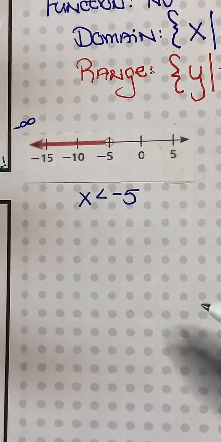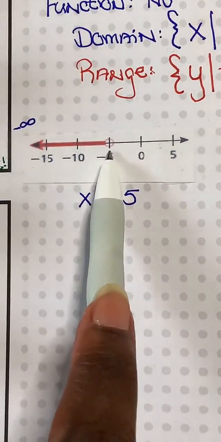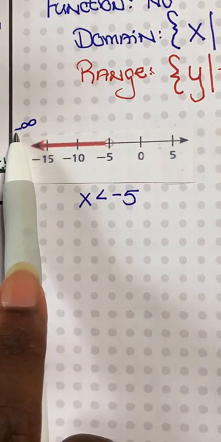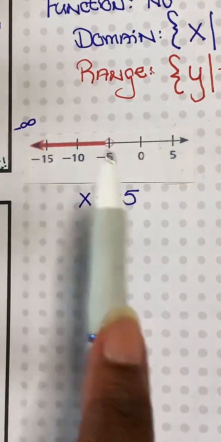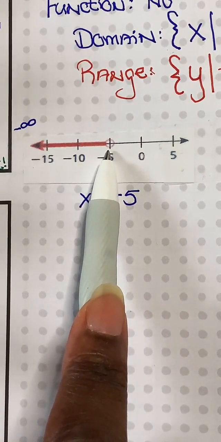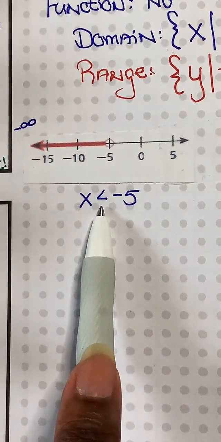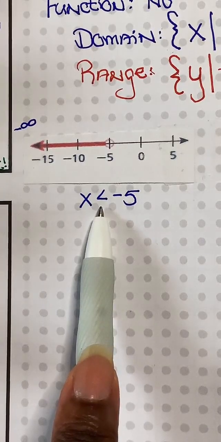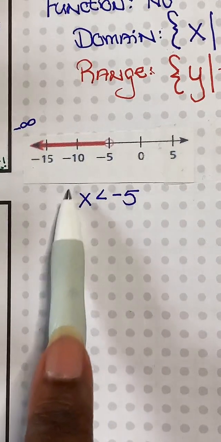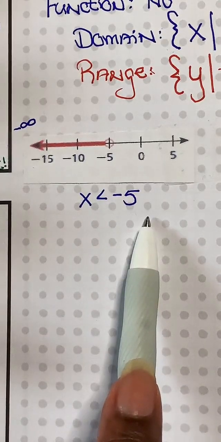It's dealing with numbers going low, all the way to -infinity, so that's going to be less than. We're not including the -5 because it's an open circle, so there isn't a line underneath the inequality sign. This is what it would look like as an inequality.